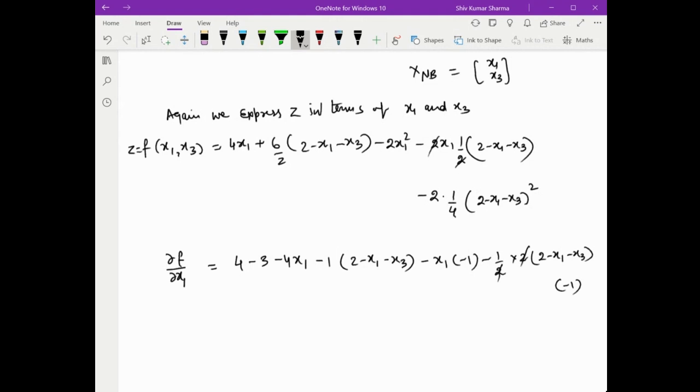So this cancels with this. So we see 4 minus 3 minus 4x1, or you put the initial values directly, putting x1 equal to x3 equal to 0.